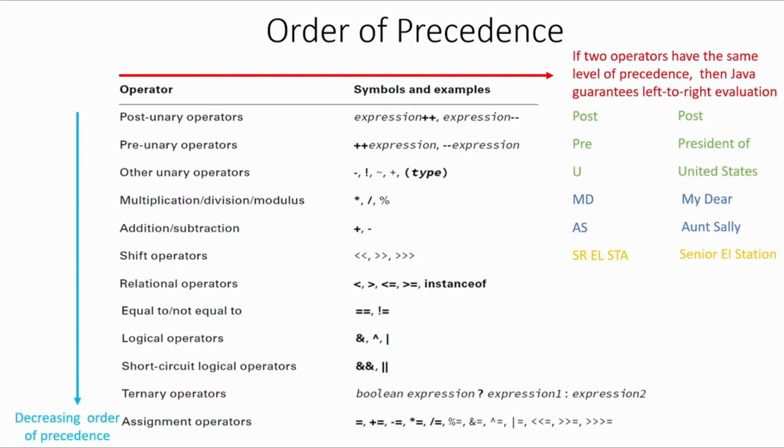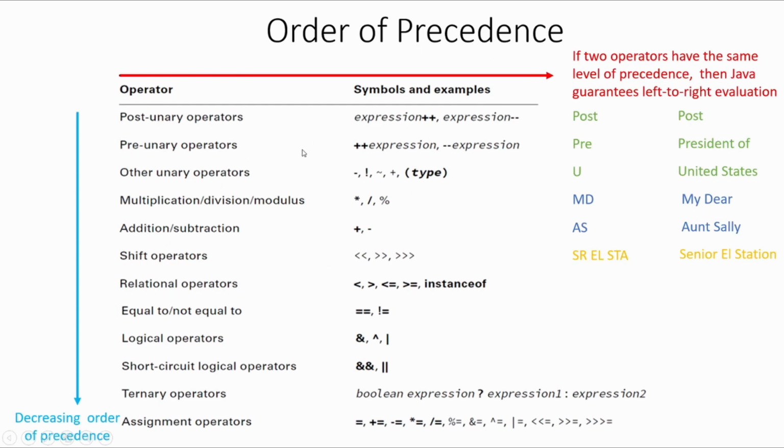As we have seen, post and pre have higher precedence than addition and multiplication. So in this table, top rows have higher precedence than the bottom ones, and this is a decreasing order of precedence. If two operators have the same level of precedence, then Java guarantees left to right evaluation. So it's top to bottom and left to right.